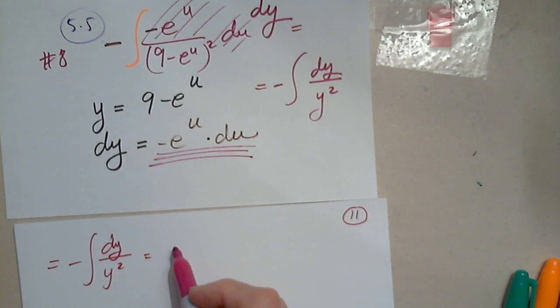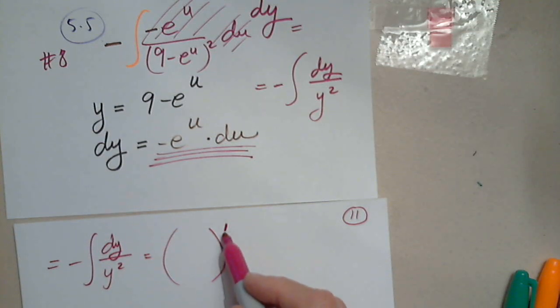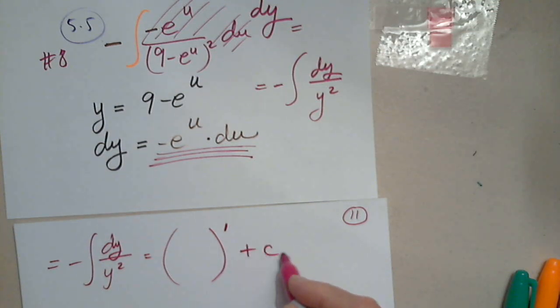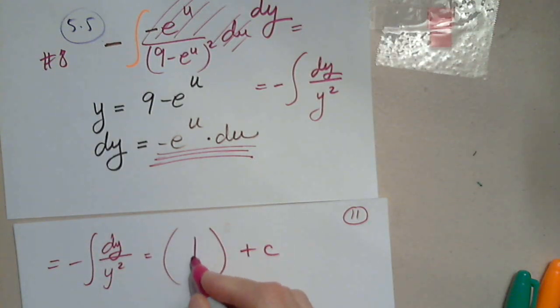And we know which function prime will be negative 1 over y squared? Because I think I made my case throughout the semester for that specific one. 1 over y. Excellent. This is very important.